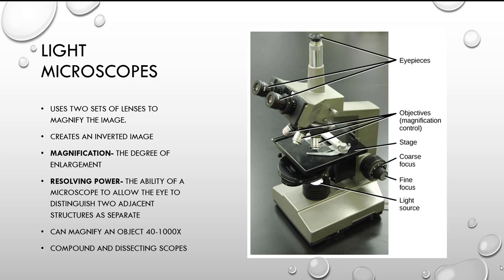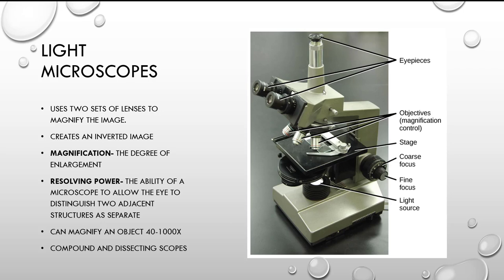So we have a fine focus and a coarse focus to be able to focus things so that we can see two objects as separate. Okay, so that's what this resolving power is all about. So it allows us to magnify things as well as adjust the resolving power so that we can distinguish two things as separate. All right.